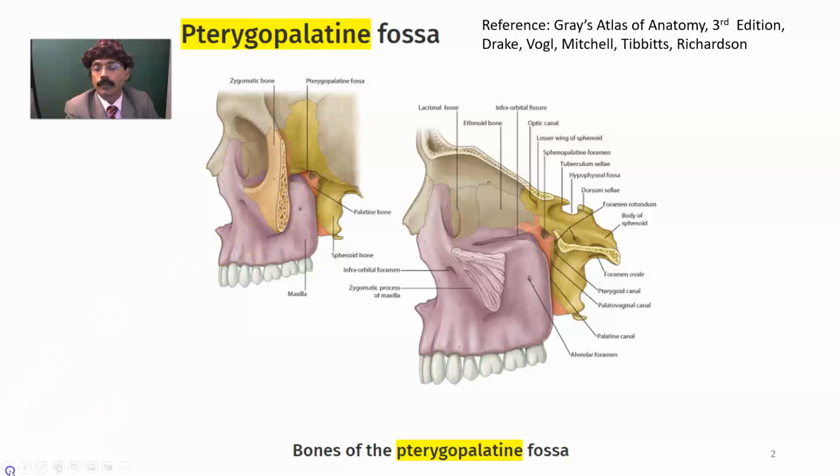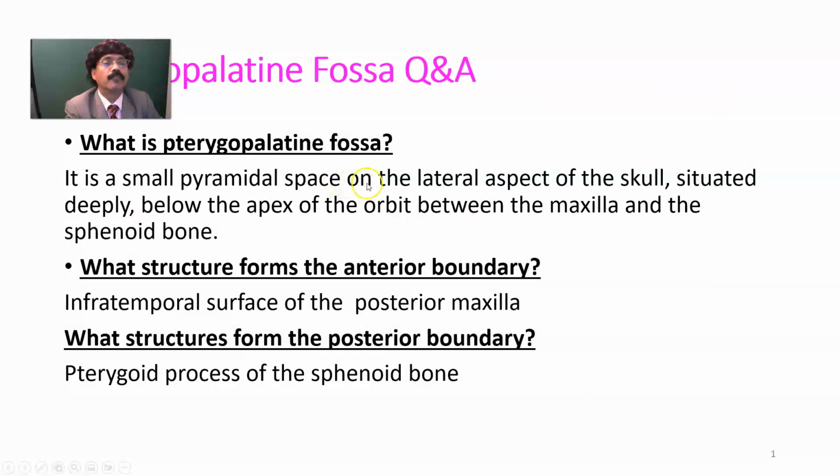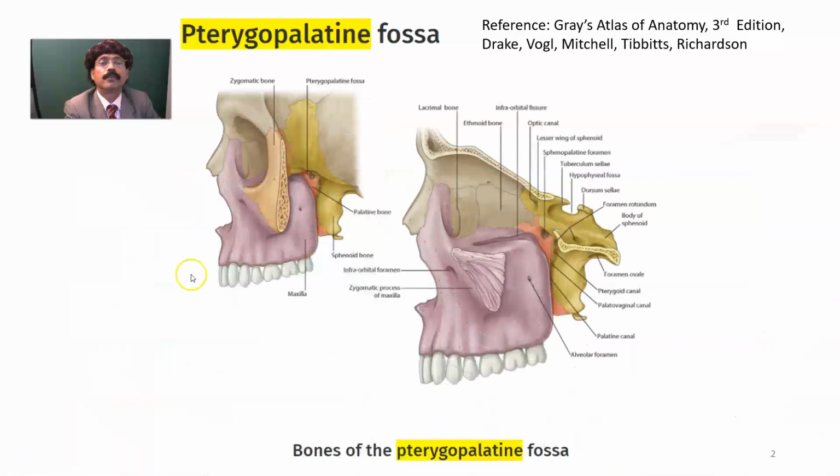This is the Pterygopalatine fossa. This is the maxilla. This is the sphenoid bone. We also have a contribution from the palatine bones. We'll go there.